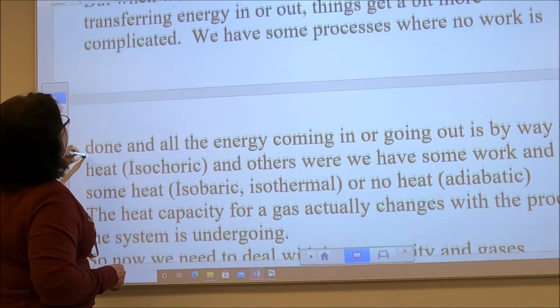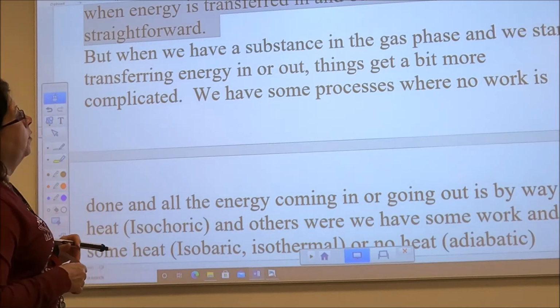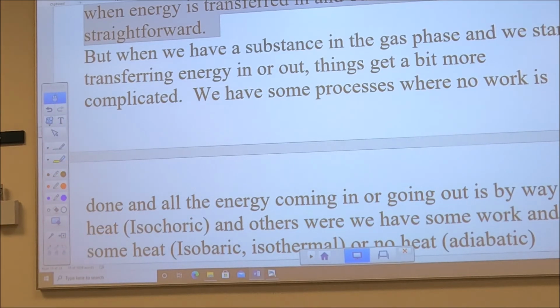Now, when we have substances in the gas phase, gases are going to behave a bit differently than things in the solid phase or the liquid phase. And we're going to see processes where energy is being transferred in and out as just work, just heat, or a combination of work and heat.